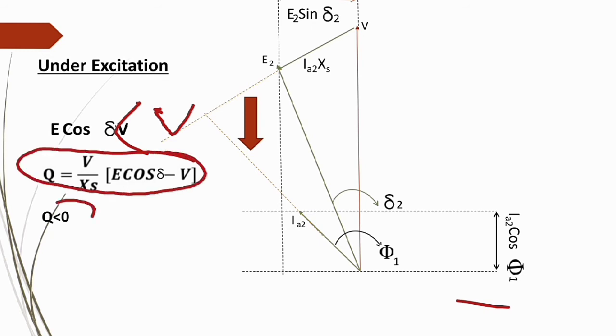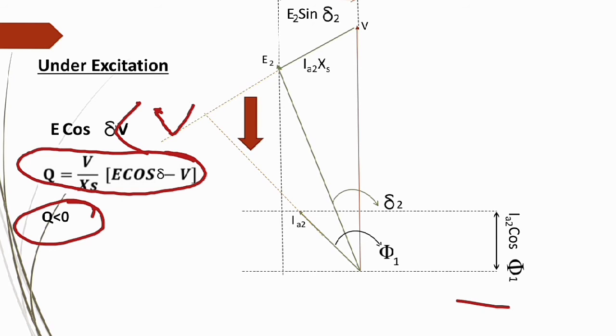Q is the reactive power. As we discussed earlier, the real or active power is always constant in the on load condition. So here we talk only about the reactive power. In the under excitation condition, the reactive power will be negative.